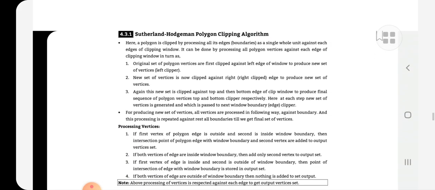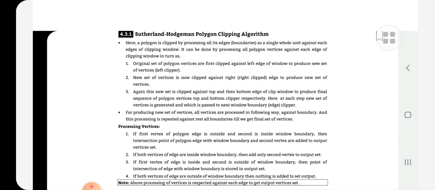After that, the Sutherland-Hodgman polygon clipping algorithm. We discussed the Sutherland-Hodgman algorithm in line clipping; it is also used for polygon clipping, following these steps.